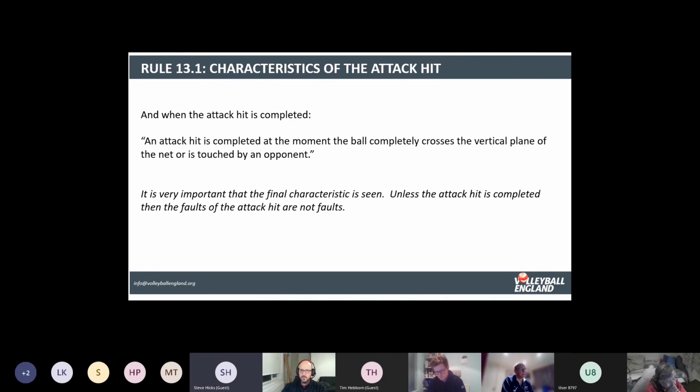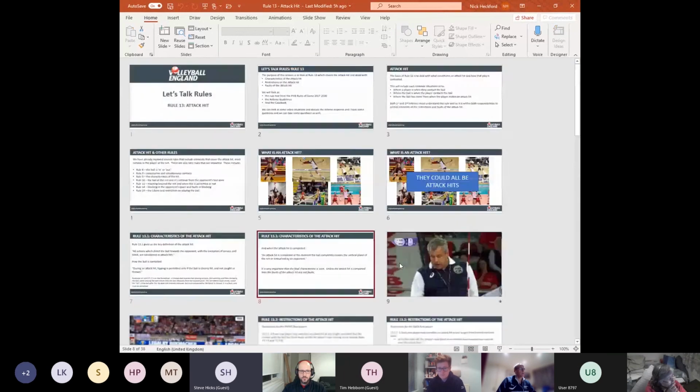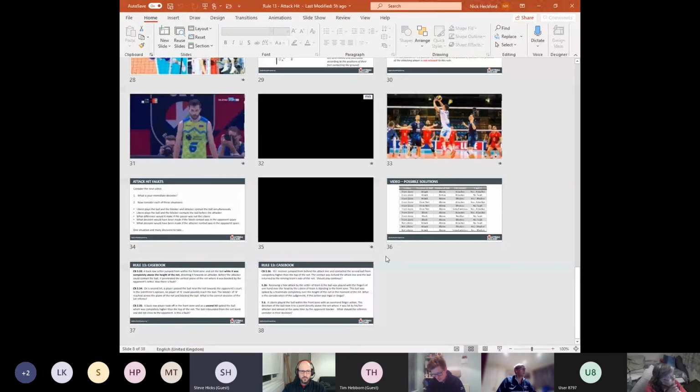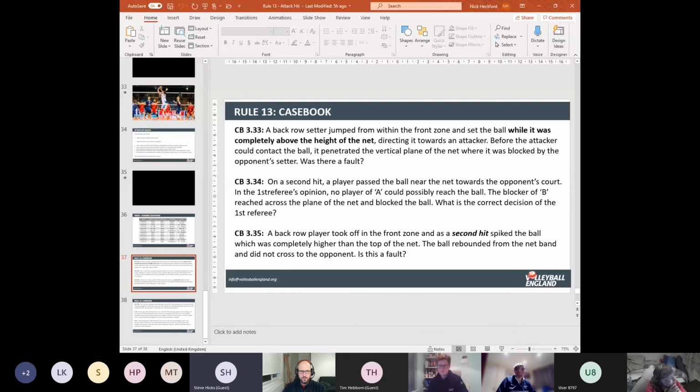Right, okay. So when we were looking at Casebook 333, I thought the view was that the back court setter had committed a fault.